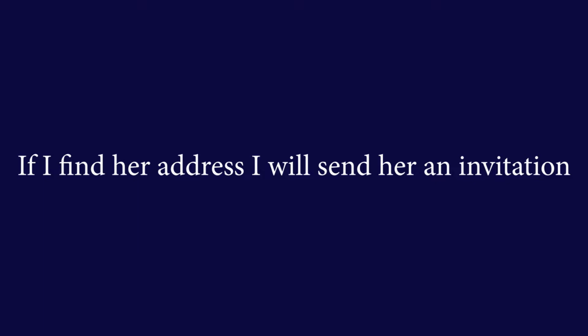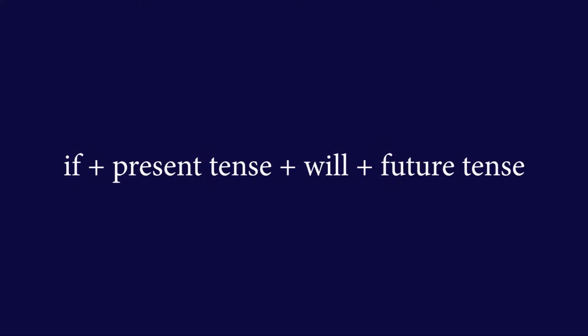Then if I find, the present tense of the verb find is there, and then I will, W-I-L-L, is used over there, and then send, which is also the present tense of the verb. So with the simple present conditional, this is how it is formed. If plus present tense of the verb plus will plus the future, what is likely to happen.